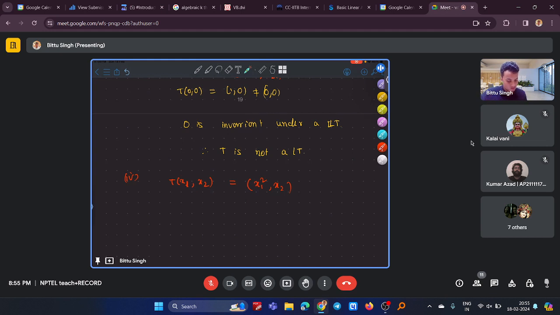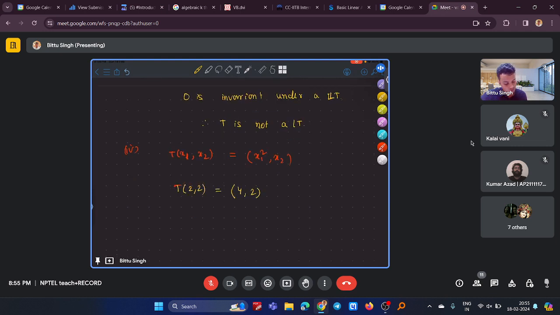Let us consider T of 2 comma 2. By definition this is 4 comma 2. But what about T of 1 comma 1? This is the same as 1 square comma 1, which is 1 comma 1.